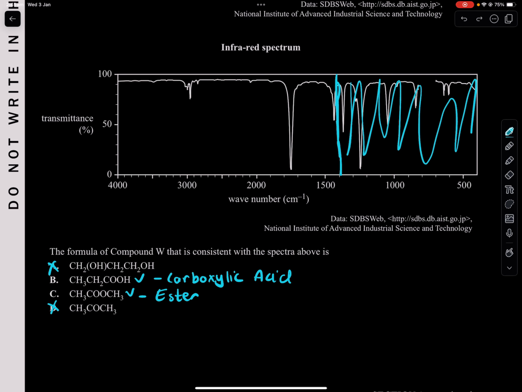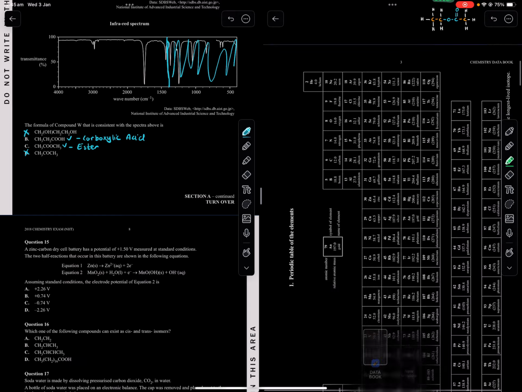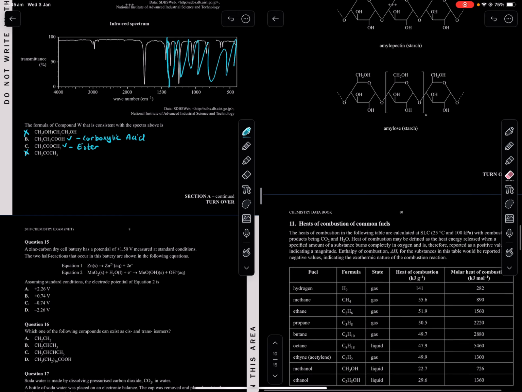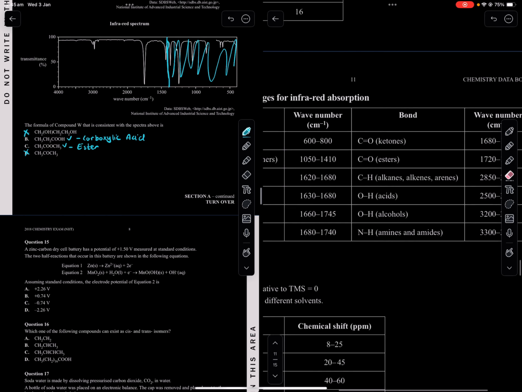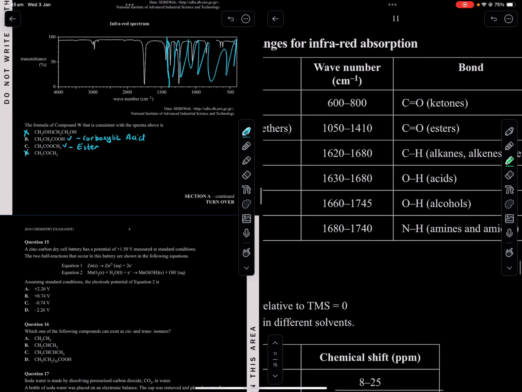And let's look at carboxylic acid. The way we look at, let's try carboxylic acid. So what I'm going to do is I'm going to look at my data book and go down to my infrared spectra over here. So let's look at acids. Where is acids? Aha! Acid, this one. And there's supposed to be a peak around here, which is 1680.